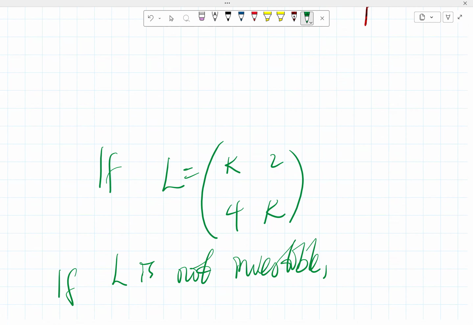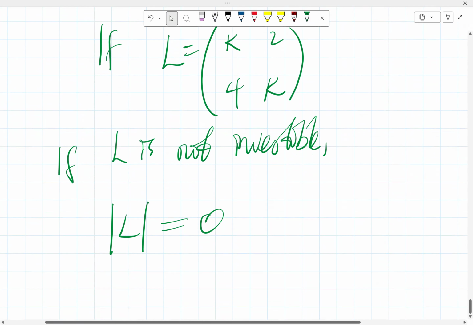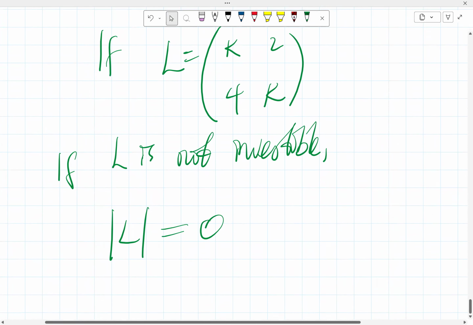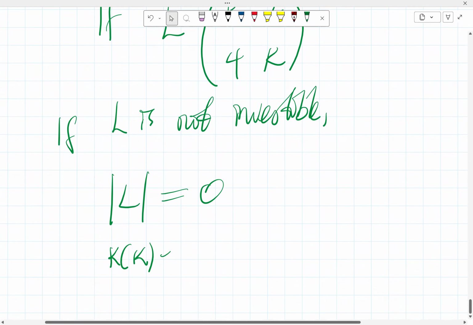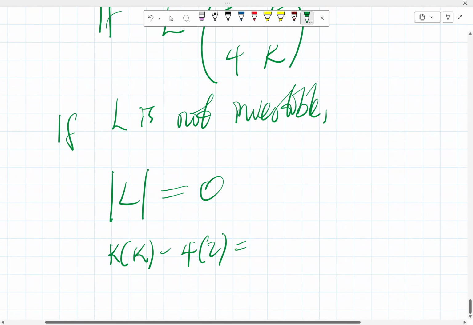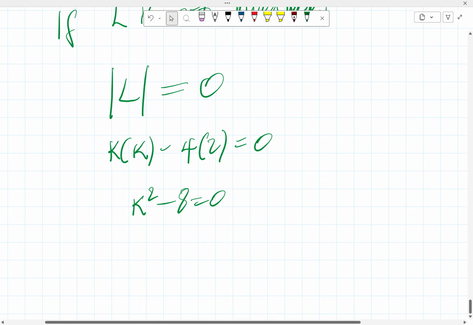okay, what that simply means is that the determinant of L is equal to 0, right? So what's the determinant of L here? That would be K times K, minus 4 into 2, is equal to 0. So that means we have K squared minus 8 equals 0. Okay? So that means K squared equals 8.